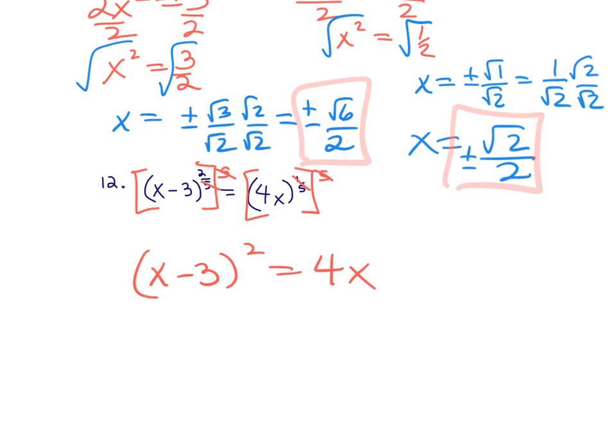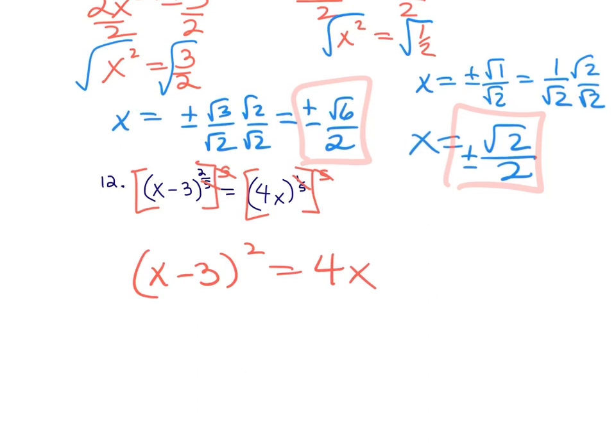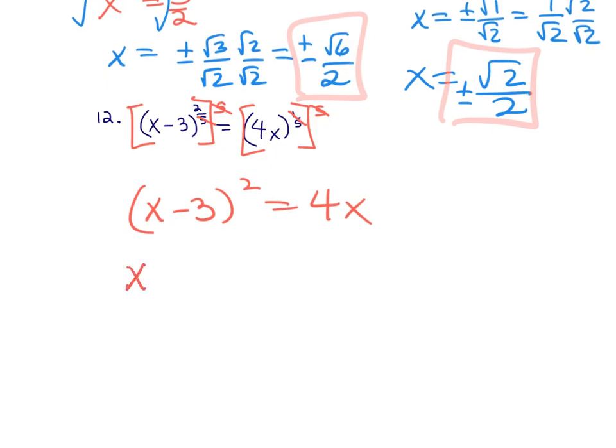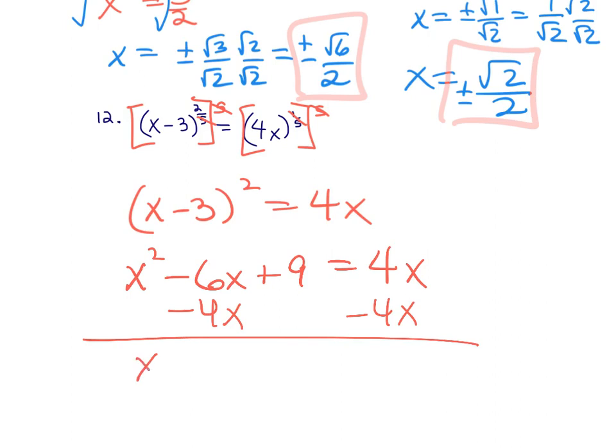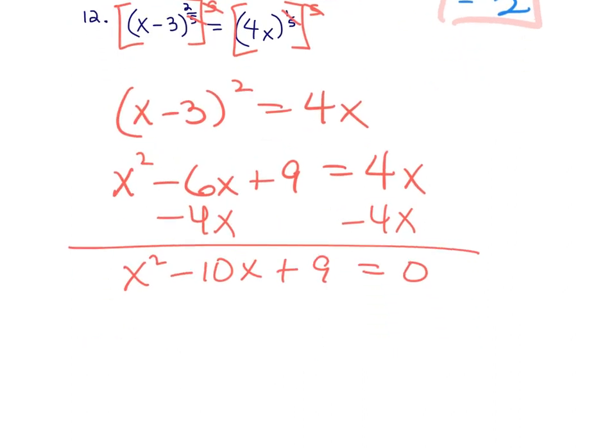I need to FOIL that x minus 3 squared. It becomes x squared minus 6x plus 9 equals 4x. I need to move the 4x over. X squared minus 10x plus 9 equals 0. And now I factor.